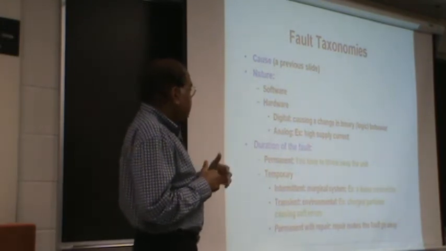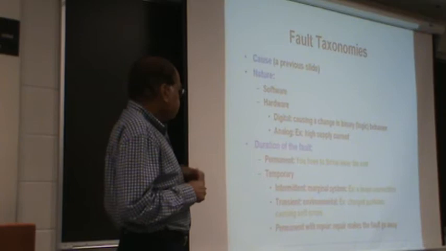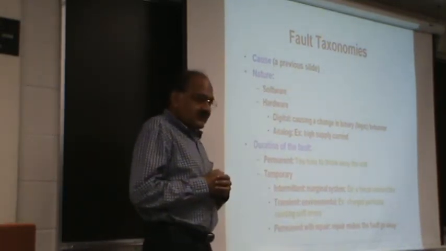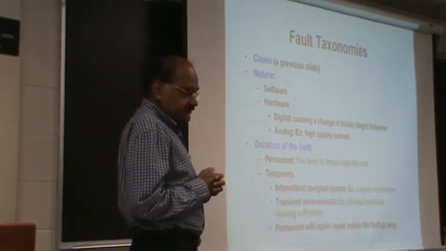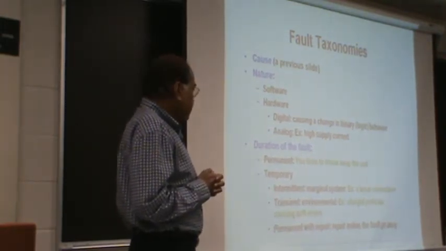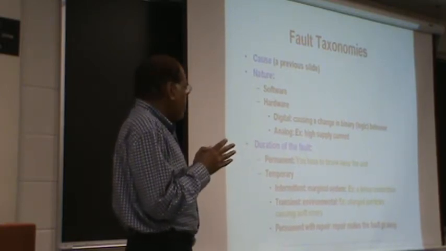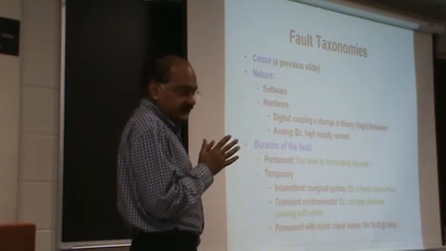Sometimes the nature of the fault, whether it's in hardware or software. And if it is in hardware, whether it is a digital fault or an analog fault. An analog fault is something that changes an analog attribute, for example, a higher supply current.